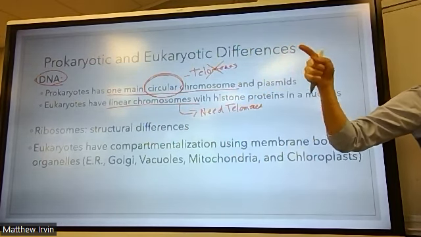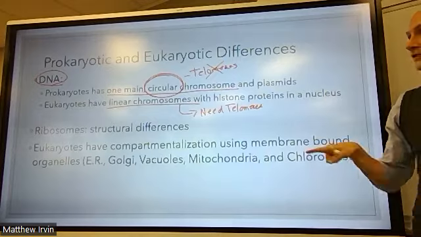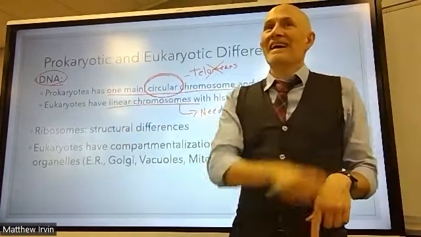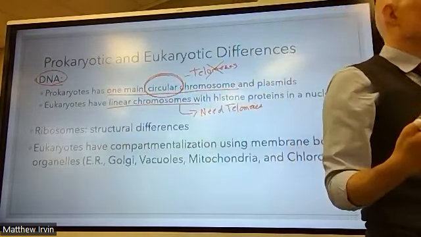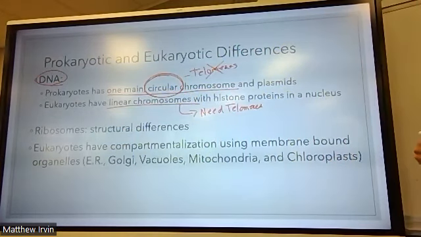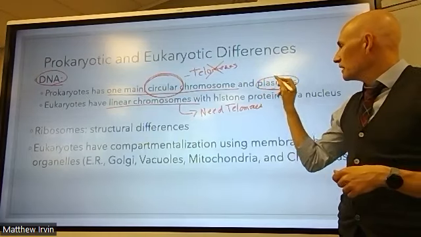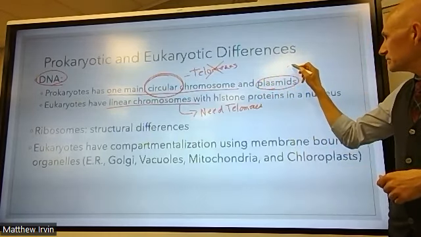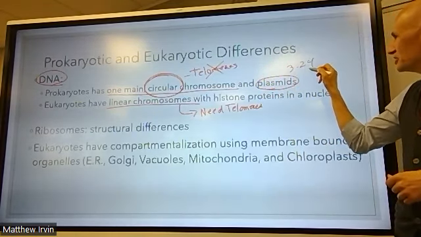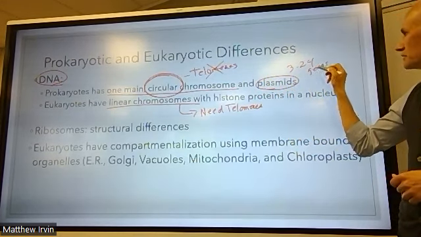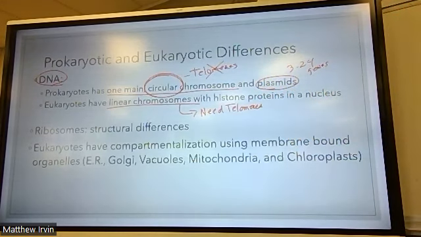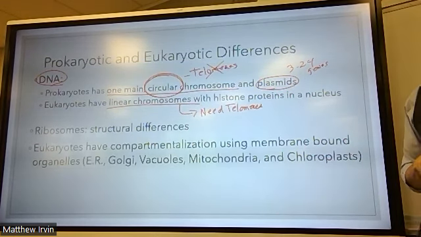Every time it replicates, our DNA gets a little bit shorter. So if you have a circular chromosome, that is not necessary because it does not get shorter. Prokaryotes also have those tiny little circles of DNA that are plasmids. They are 3 to 24 genes. And of course, those are the things that we utilize in DNA technology to do gene recombination.